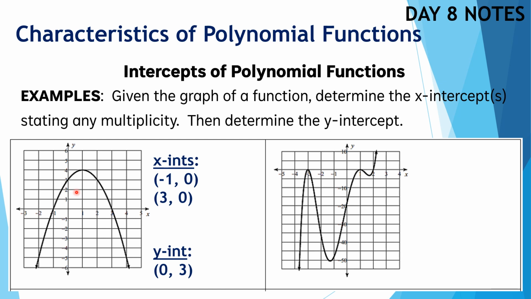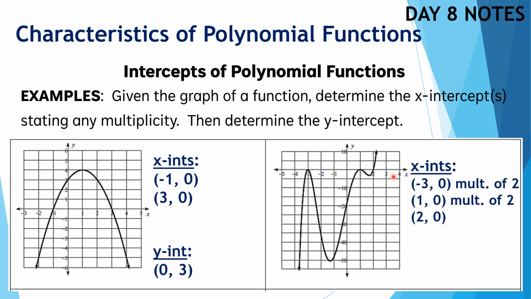Okay, good job. Our next graph does have x-intercepts with multiplicities. We have an x-intercept at -3. This one does a bounce, so that's a multiplicity of 2. We have an x-intercept at 1. It also does that little bouncy curve, so we have a multiplicity of 2 there, and we have x equaling 2 as the final x-intercept with no multiplicity.